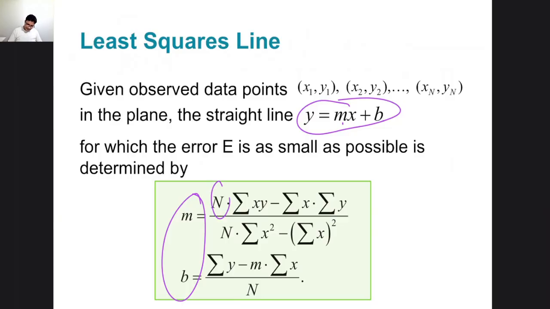So n is the number of points you have. In our case, the previous example, n will be 3. There were 3 points, right? What would be summation xy? For that, you have to look at the data points. Remember, you don't have the line with you right now.